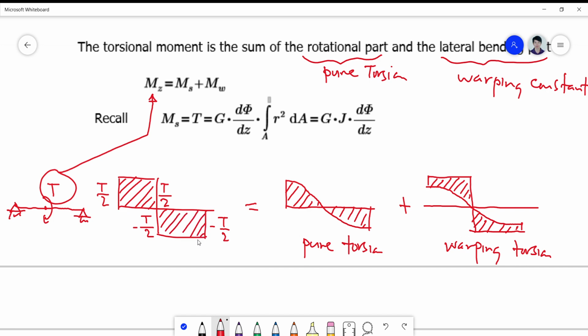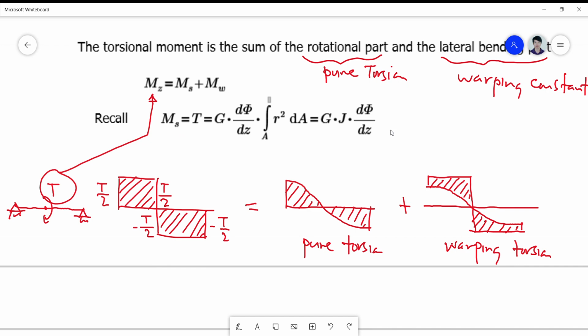Represented by the shaded area. So take note of that, class. And we take note that the St. Venant torsion is simply GJ theta.